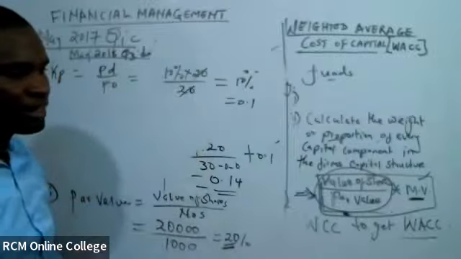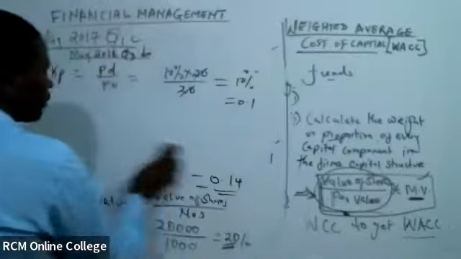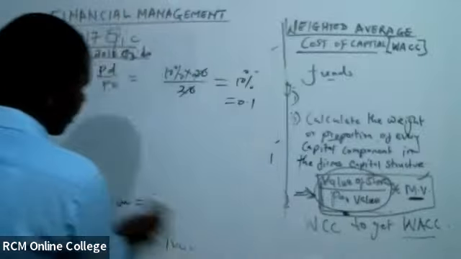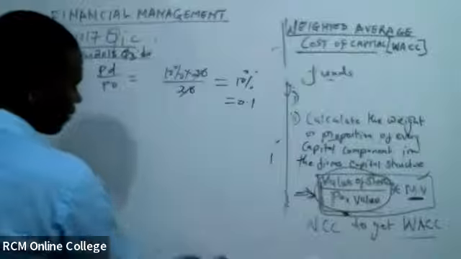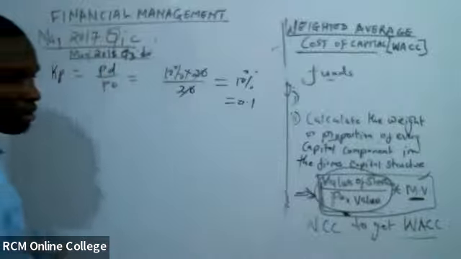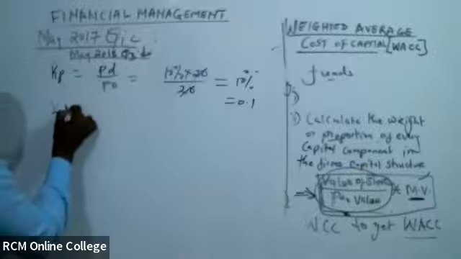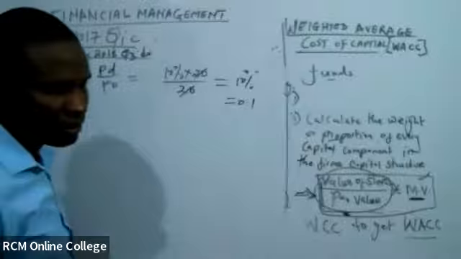Let's now move on to getting the KD. Remember, those are the three component costs that we have here. So let's get the KD. And before then, class, can you tell me, are we dealing with the redeemable or irredeemable debenture? KD, ili nijue kwamba, am I going to use which formula?